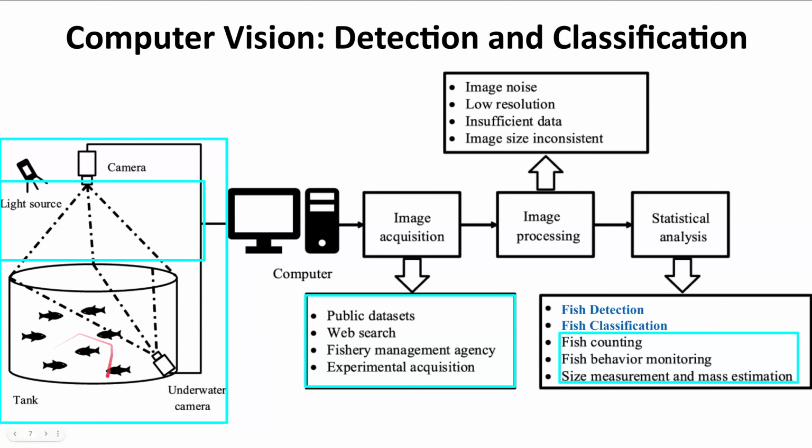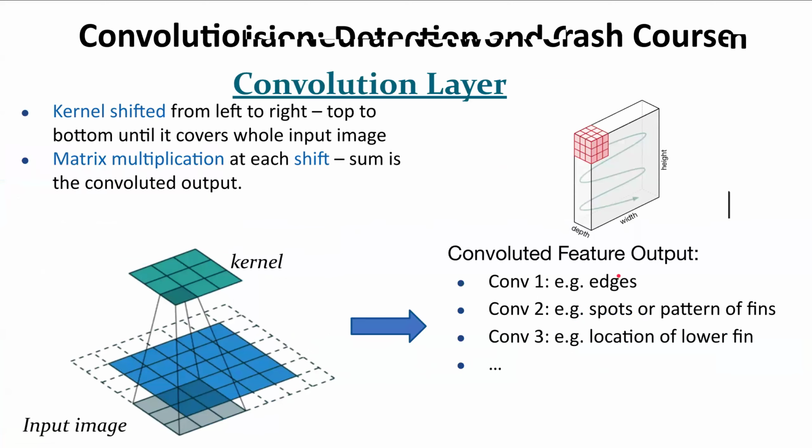This is called aquaculture, where you can do things like counting and behavioral monitoring very easily. Now, this can be done with BRUVs and ROVs too in future, but for now, we're focusing on fish detection and classification by using some image pre-processing and, of course, classifying the fish.